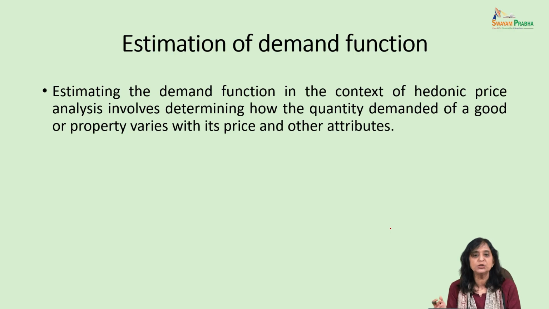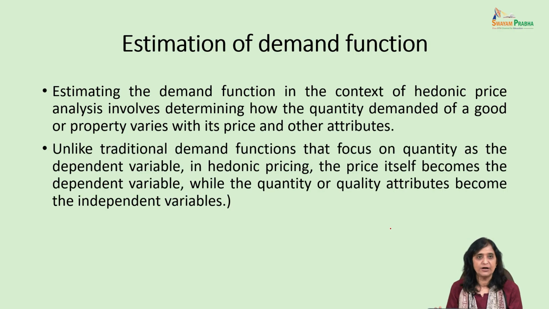For example, a simple law of demand: if there is a change in price, there is a change in demand. Till now, in the first step, we have just seen what things have an impact on the price, right? But what exactly we need is, if there is a change in price, what happens to the demand? So that is what we will be doing now, estimating the demand function.